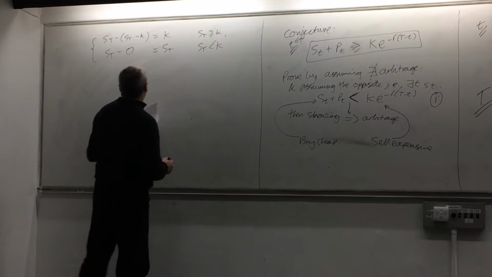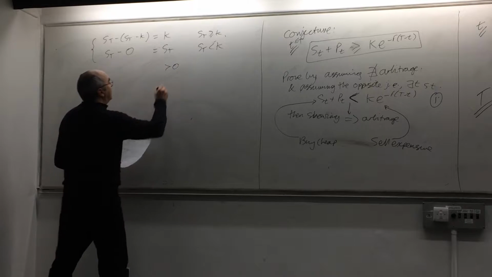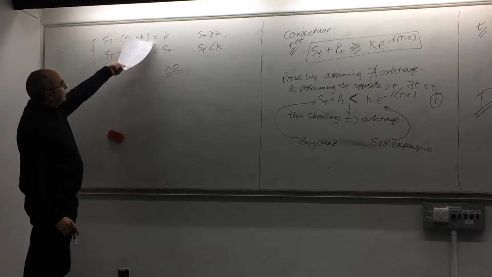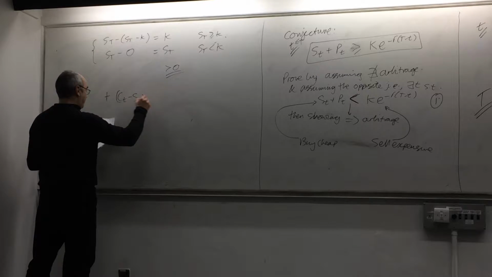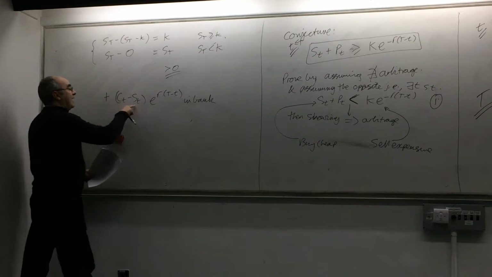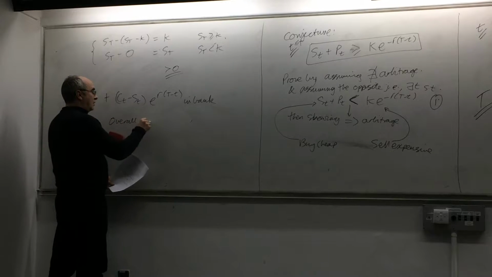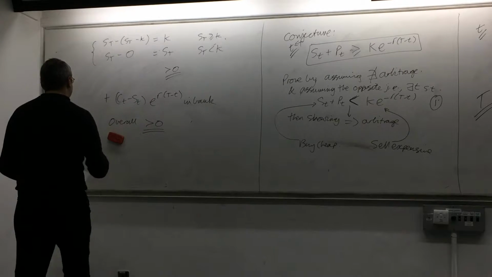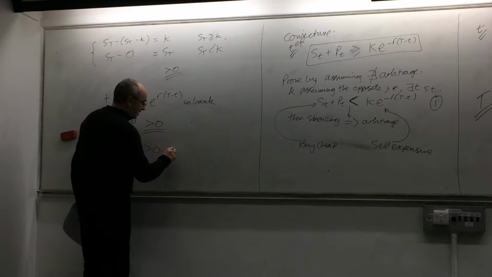S_T greater than K. And of course, these are both positive. Okay? The share price has to be positive, and the strike price by definition has to be positive. And I've also got this amount of money in the bank. Okay, so I had that amount left over and I invested that in the bank. So clearly overall, I have something that's greater than 0. So I've gone from 0 to something greater than 0, which implies an arbitrage.